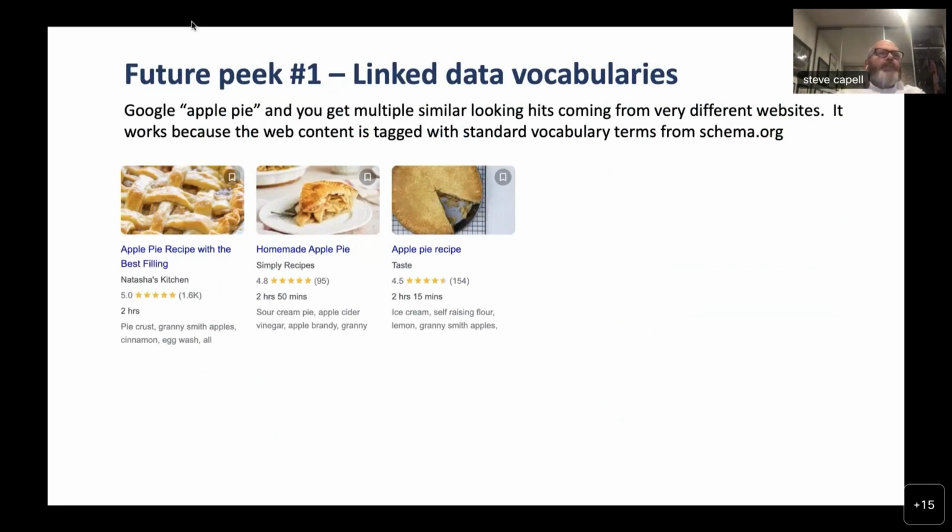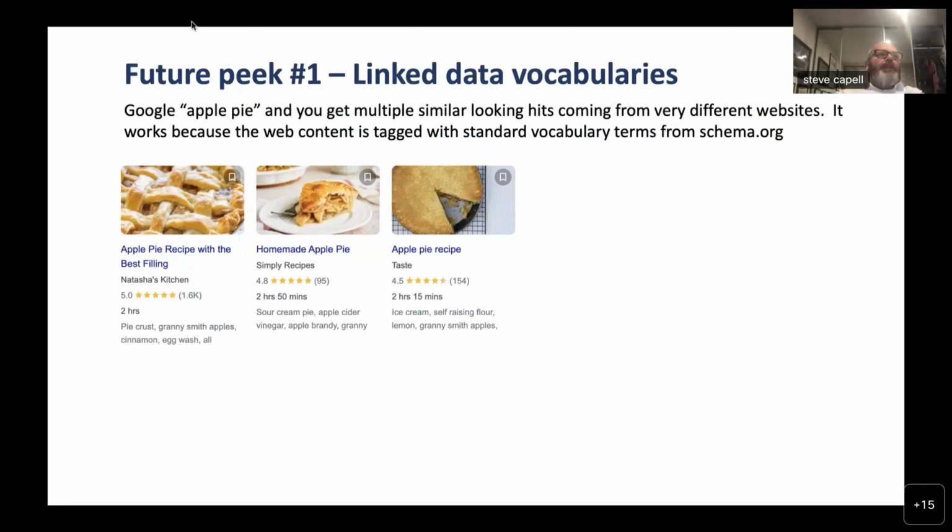If anyone's wondered why it is when you Google something like apple pie, you see such consistent looking panels like the 3 you see in front of you, despite the fact that the data for those panels comes from very different websites. If you click on the link and go to the website, they all look completely different.